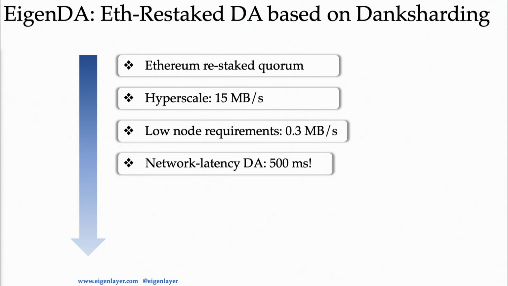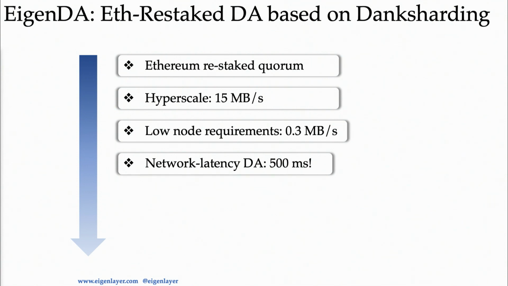This DA layer is also native network latency, because you are fundamentally relying on, you have to send the chunks to them, and you get the signature back from the network. This data availability quorum does not perform any consensus, ordering, or other extraneous things.